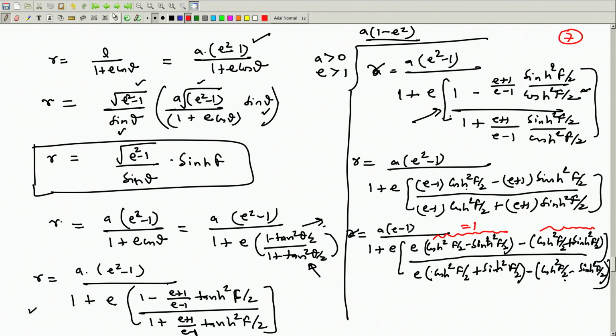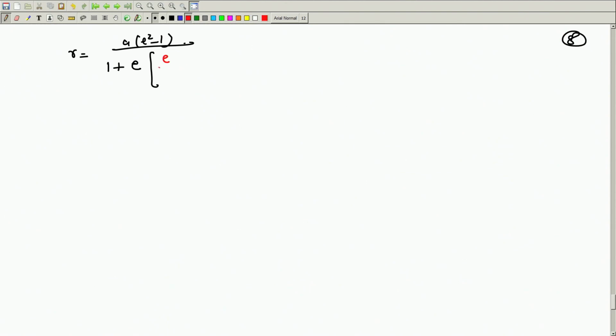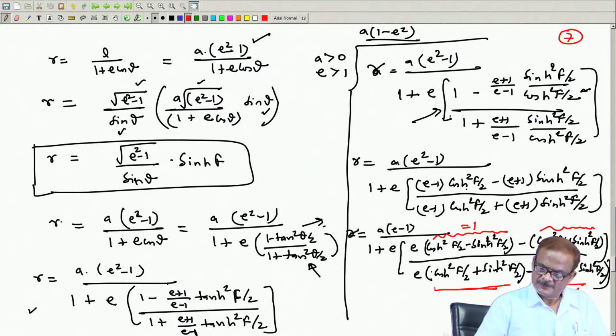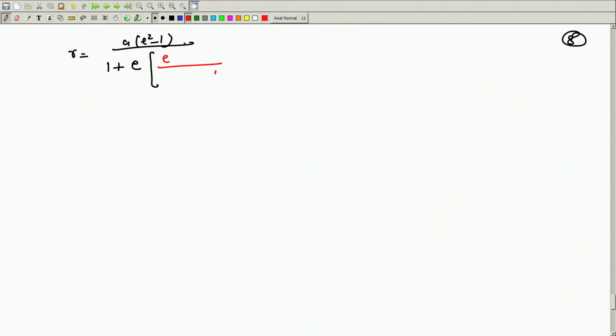So, this term we need to work out. Here also we have this particular term and this term equal to 1. Okay. So, the right hand side is 1 and we need to work out.